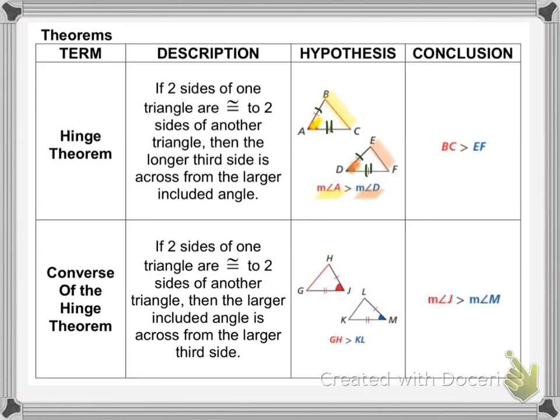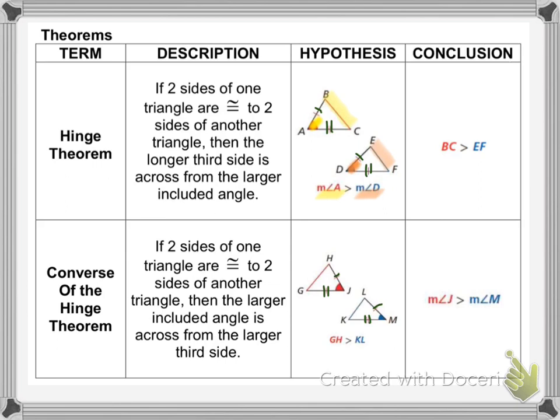It says if two sides of one triangle are congruent to two sides of another triangle, then the larger included angle is across from the larger third side. So it's basically kind of saying the same thing. So I've got congruent side, congruent side, congruent side, congruent side. So we're starting off with the same thing, but now we're starting with the angle and making a conjecture about the side length.